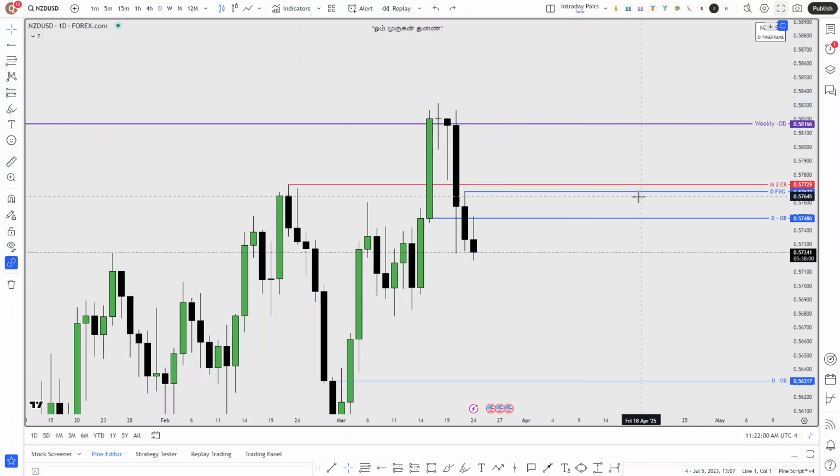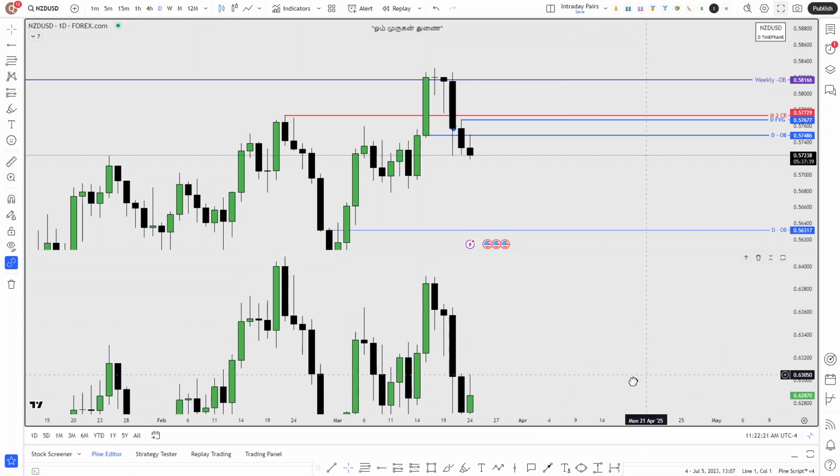Okay, you just understand in whichever way you are comfortable. I'm just trying to clarify in multiple manners. So we can say that price has opened in here and it has poked this daily bearish OB and it is now currently traveling down.